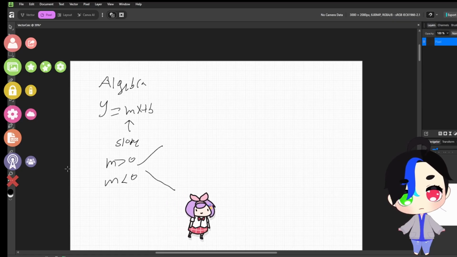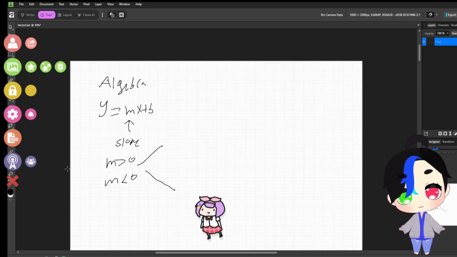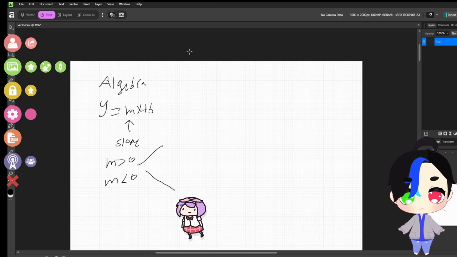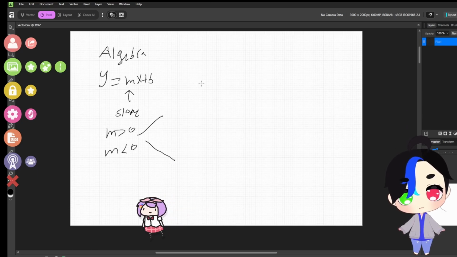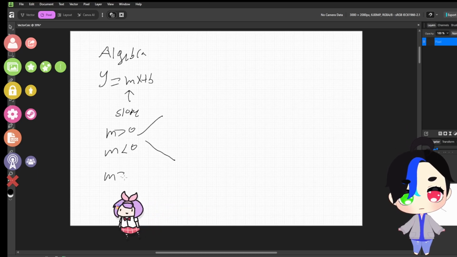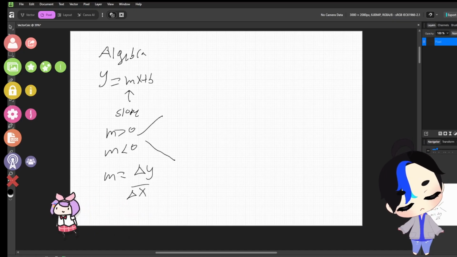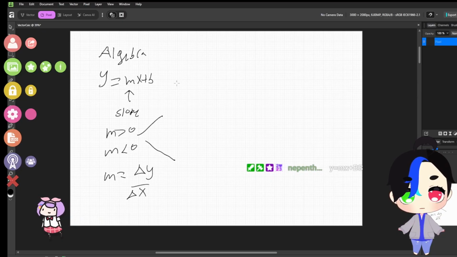And the larger in magnitude, or the larger in absolute value the slope is, the steeper the line is. And so the way to calculate this quantity in algebra is rise over run. The change in your y value over your change in your x value.